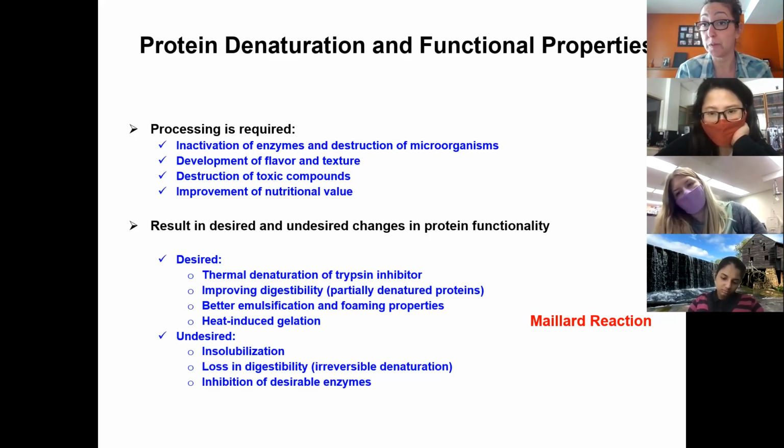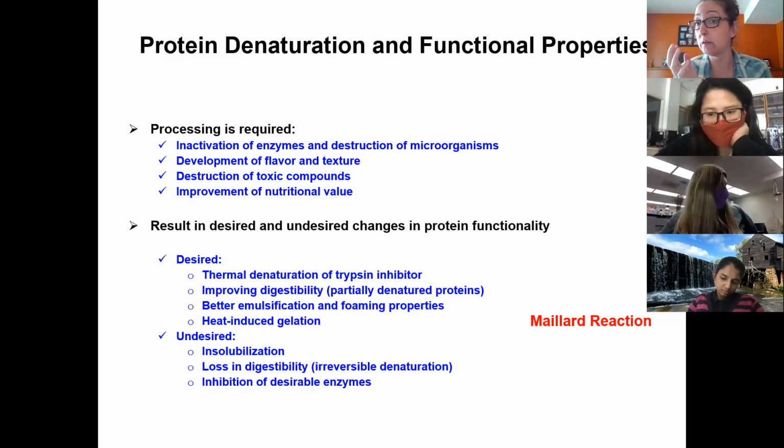So that's why it could be undesirable. Maillard reaction is in the middle. Why do I have it here? Because it involves reducing sugar and proteins. Sometimes it's desirable for color development and flavor development in baked products, and sometimes it's not desirable, forming browning and off flavor during processing.